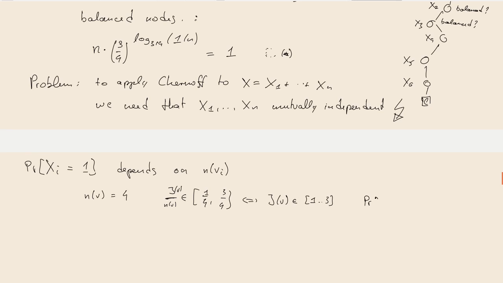So here the probability for a balanced node would be 3 over 4, because what are the values that j can take? It can be anything between 0 and 3, if you have 4 elements.